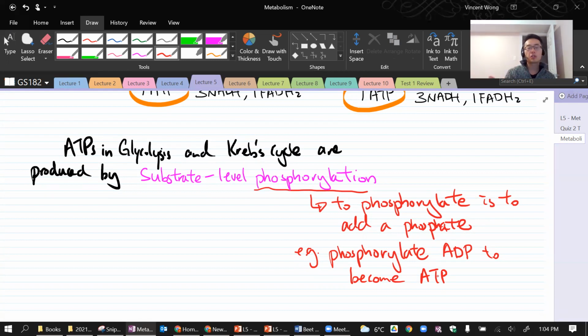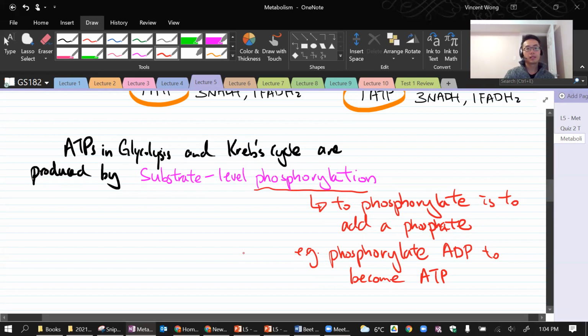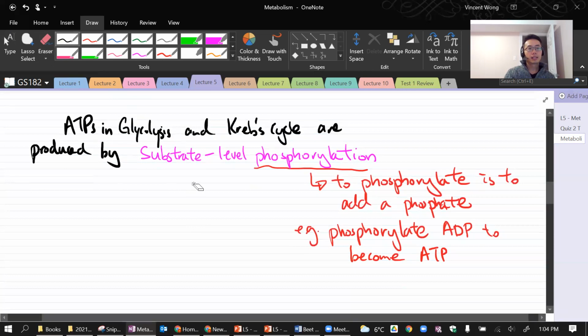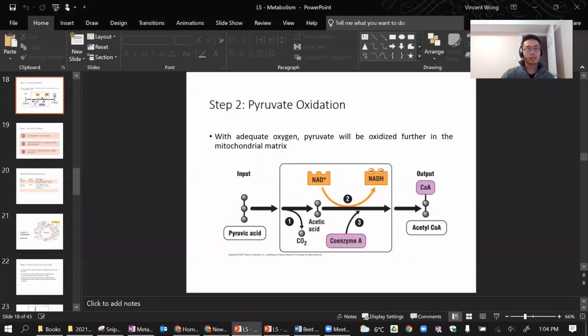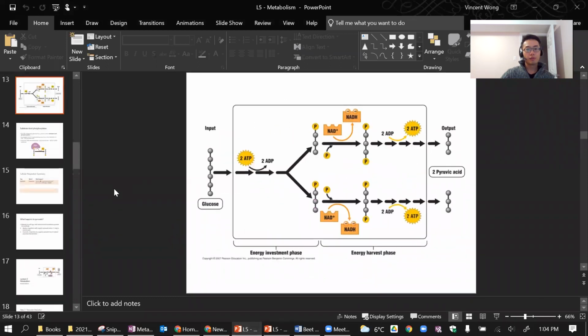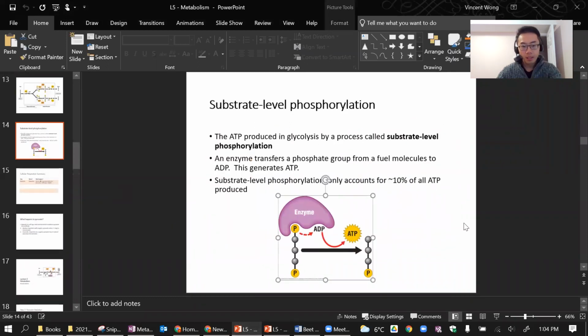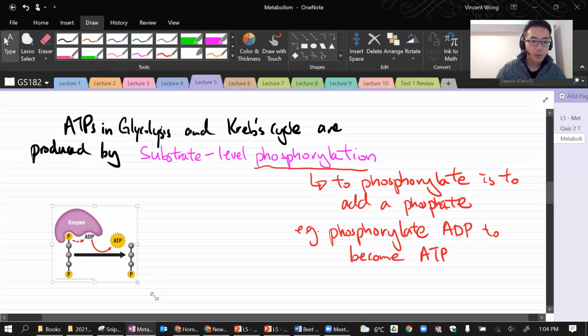And if you phosphorylate it, if you add a P to it, then it becomes ATP, triphosphate. Okay. So substrate level phosphorylation needs 3 things. Let me see if I have a picture for it in the PowerPoint.